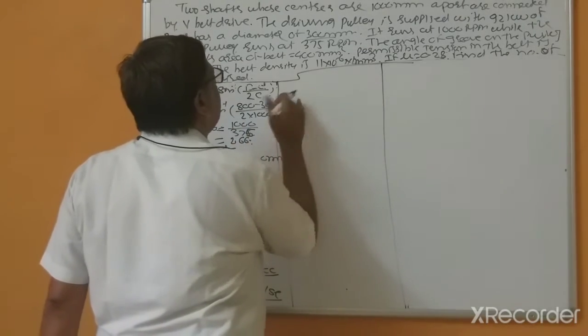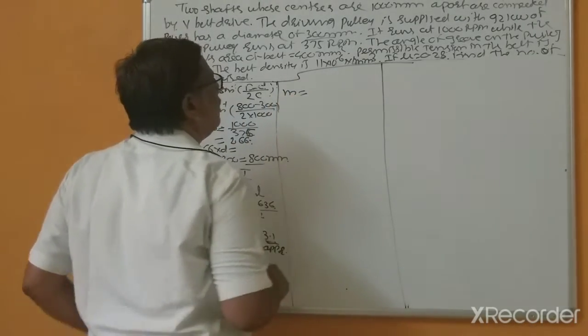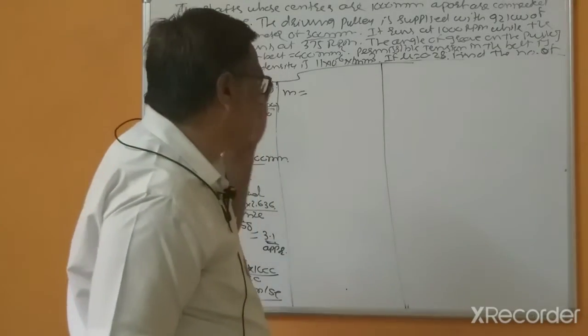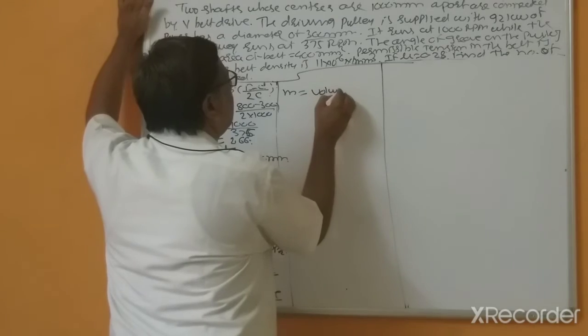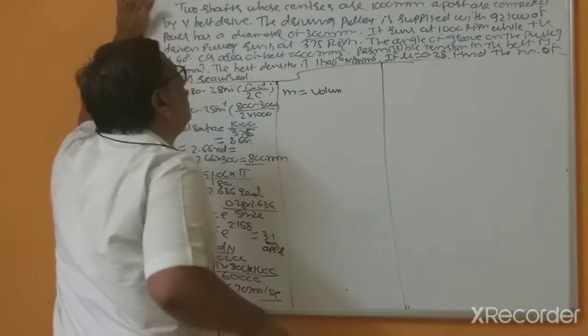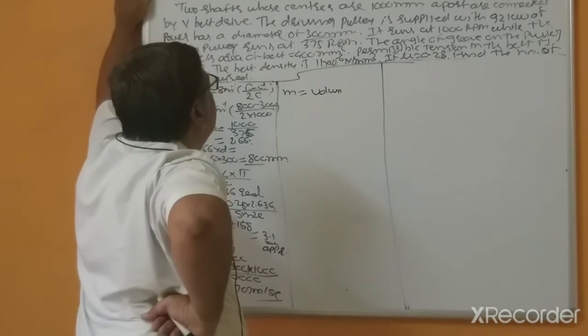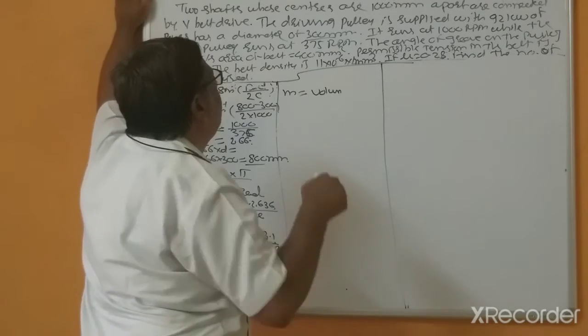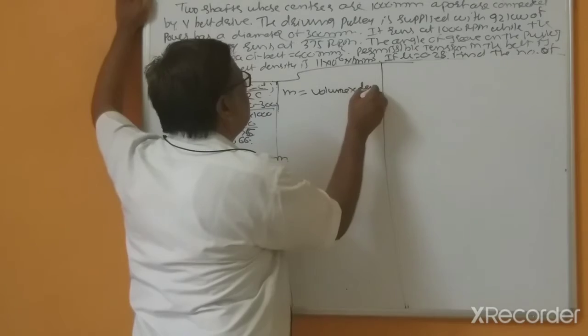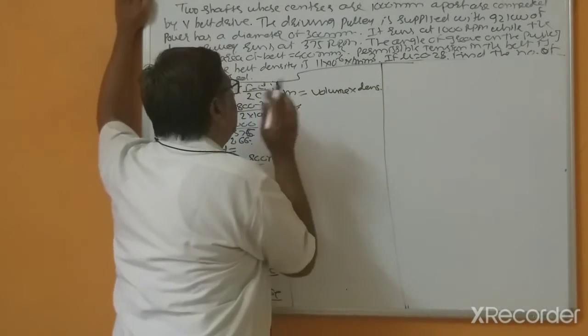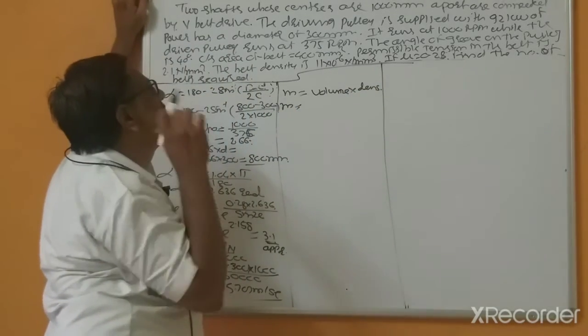So that's why mv square. First calculate m equal to volume multiplied by density. And this is given in terms of Newton.